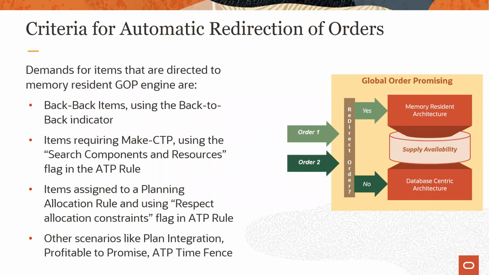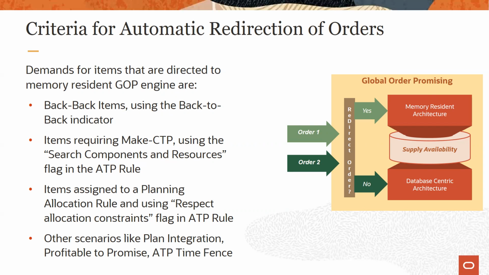The significant order promising business flows for which orders are directed to the memory resident GOP solution are back-to-back flows, which are driven using the back-to-back item attribute indicator. Items which are manufactured using the make CTP capabilities in GOP, which are driven using the search components and resources flag on the ATP rule.